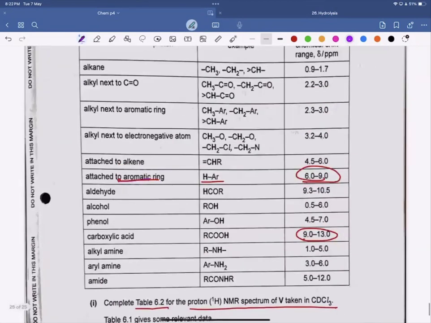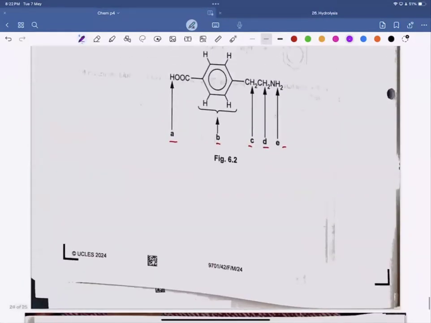Okay. Now if you look at C, C is the one which is neighbor to the benzene ring, right? And on its other side it has two hydrogens on the neighboring carbon. So 2 plus 1 gives you 3, so it is going to be a triplet.